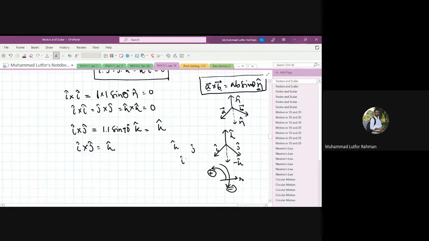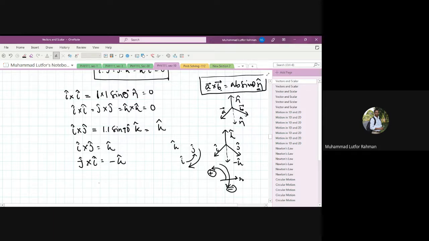Now, when you write i cross j, basically you are moving in the counterclockwise direction. So that's why the resultant would be plus k. But if you move j cross i, means you are moving in the clockwise direction, it would be minus k.